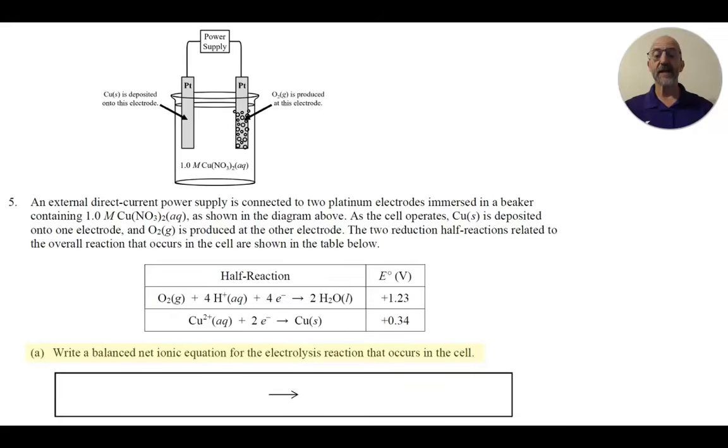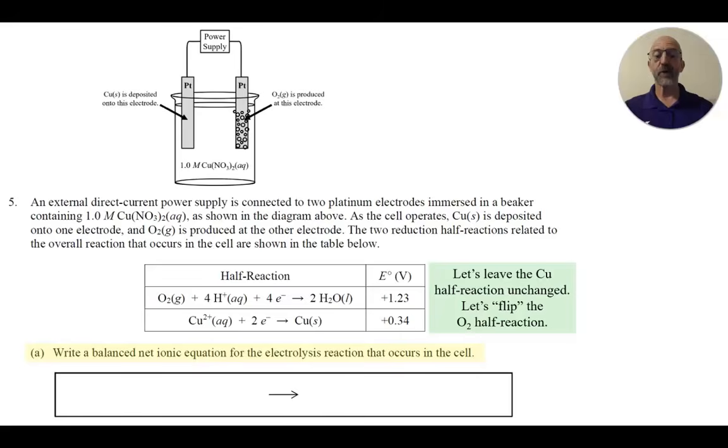Considering that we need solid copper to appear as a product, I don't think I'm going to flip or reverse the copper half reaction. But we do need oxygen gas to appear as a product, so it is likely that we will have to reverse the oxygen half reaction. So I will show you another example of that flip and add technique. Let's leave the copper half reaction unchanged.